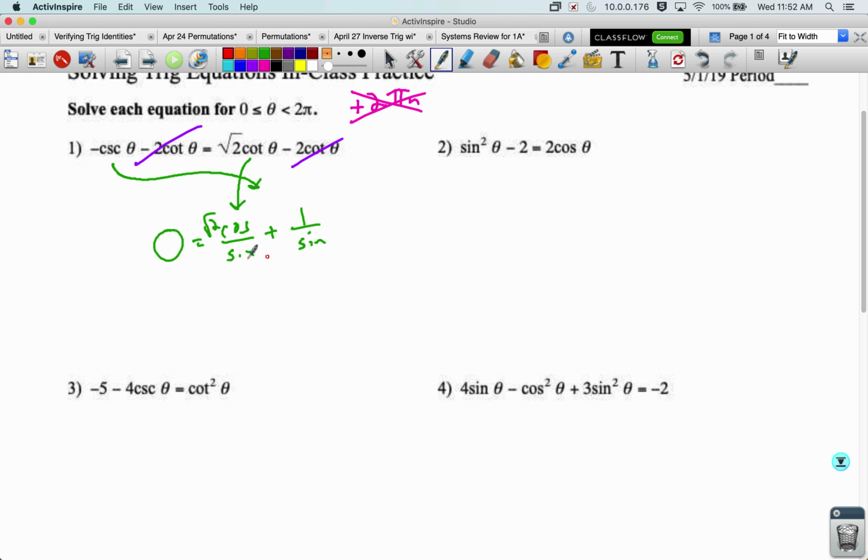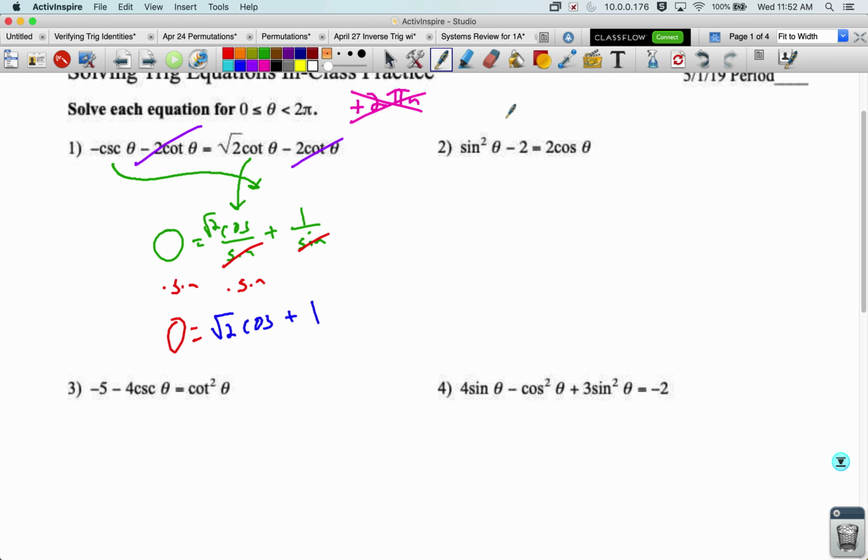Now I can get rid of the sines because sine is on the bottom of everything by just multiplying both sides by sine. 0 times sine is still just 0, but these sines cancel out. It feels a little bit sneaky to cancel out the sines, but the trick was it was on the bottom of every fraction, so it can just go away.